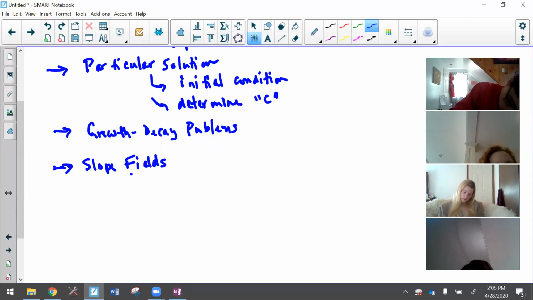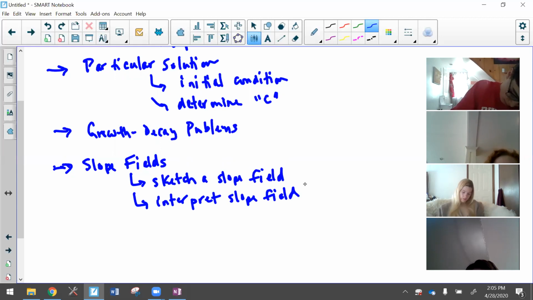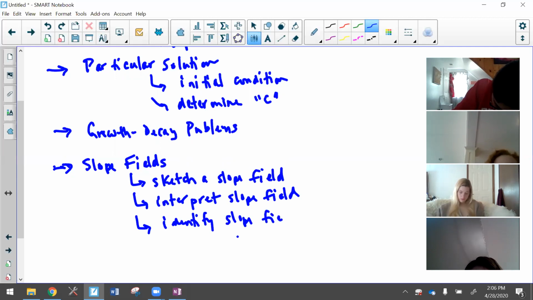And then you may be asked to sketch a slope field, or to interpret the slope field, or maybe identify the slope field from the differential equation, or vice versa.